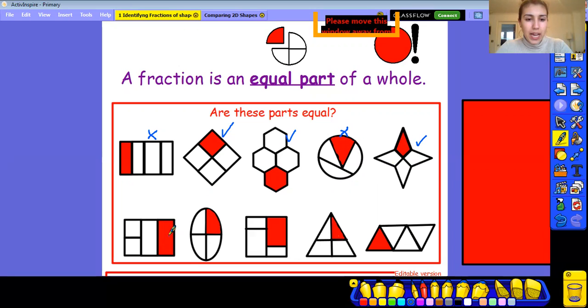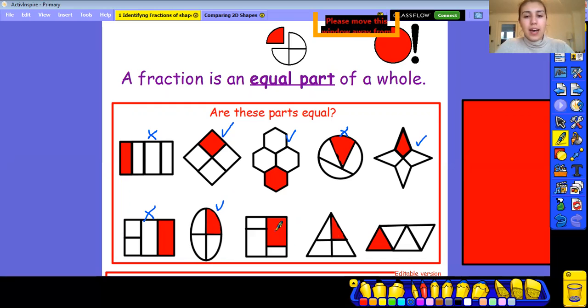This red part here, is that equal to the other parts in our whole? No, it's not, because this part is much larger than these two parts here. Is this an equal part of my whole? Are my other parts equally sized to this red one? Yes, it is. Well done. And what about this part here?